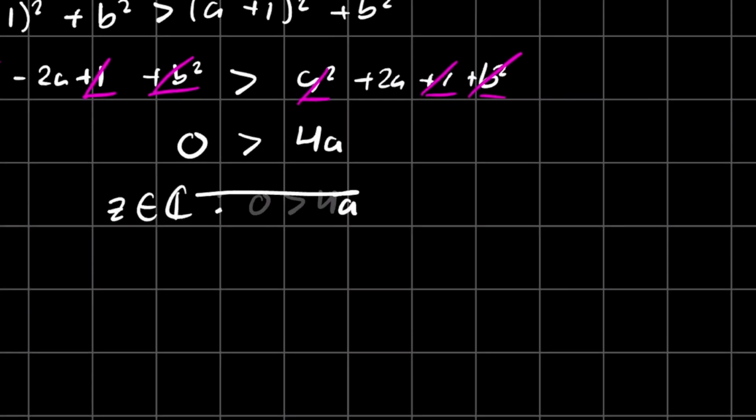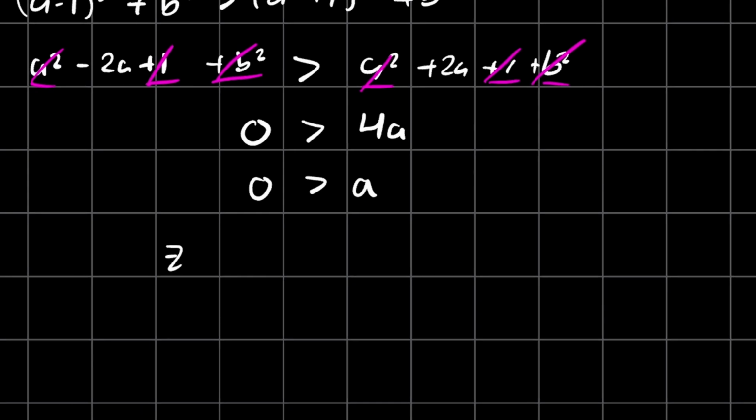Basically, we forgot one little step here, sorry about that, guys. The 4 goes to the other side, so we have z in the complex numbers such that a is lower than 0.